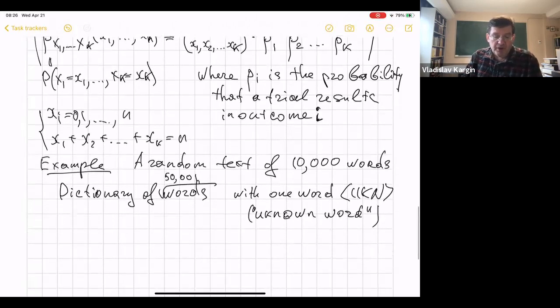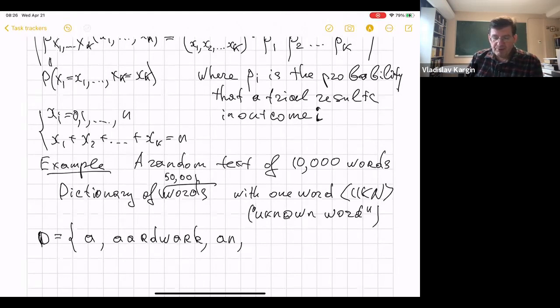So what could be an example? A dictionary is something like this. You can list the words in alphabetical order. So A, then say aardvark, then another word, maybe and, and so on.